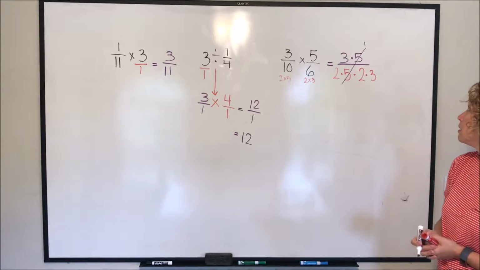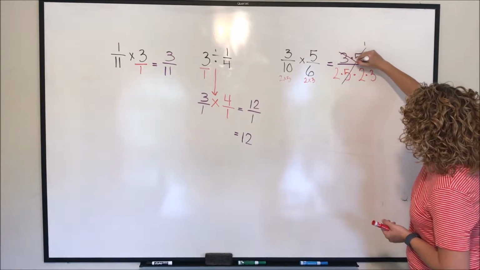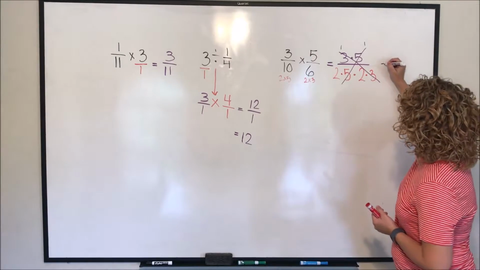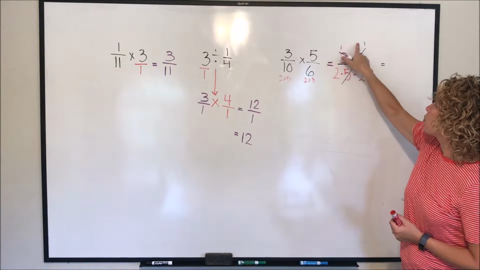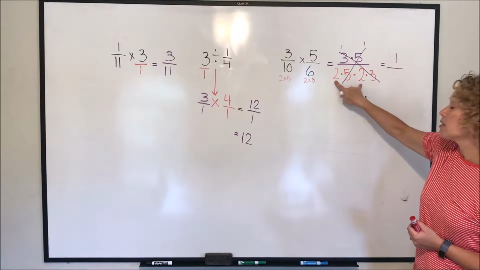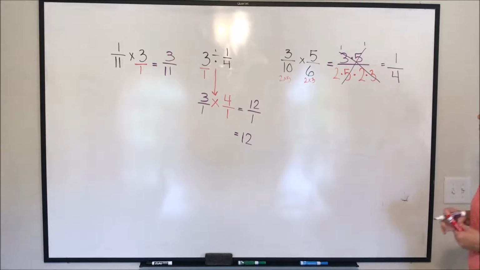Okay? 3 divided by 3 is also 1. So it cancels out. That leaves us with a numerator of 1 times 1, which is 1, and a denominator of 2 times 2, which is just 4. Okay? That would be your answer.